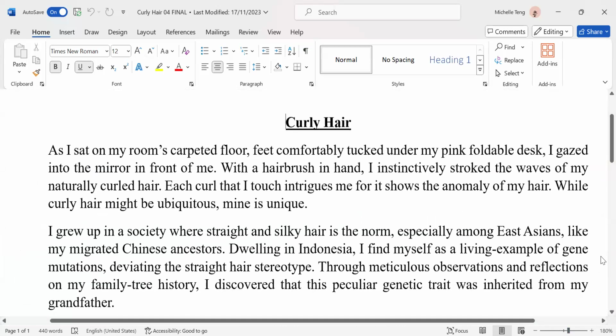For example, right here: "As I sat on my room's carpeted floor, feet comfortably tucked under my pink foldable desk, I gazed into the mirror in front of me." Technically, I use a parallel sentence, the one that we discussed earlier. I'm using the past tense in this essay. "Sat" is past tense, "tucked" is past tense, and "gazed" is also past tense.